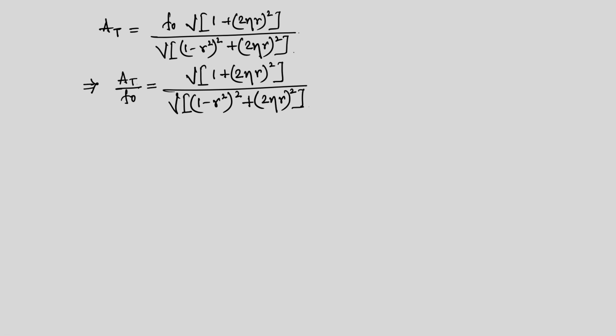So, when we design a foundation for a machine, we have to actually find out this non-dimensional number. What does it mean? If the machine has an external force applied to it with a static amplitude or constant amplitude f naught, then that should be multiplied by this factor to find out the amplitude of the force transmitted to the foundation.